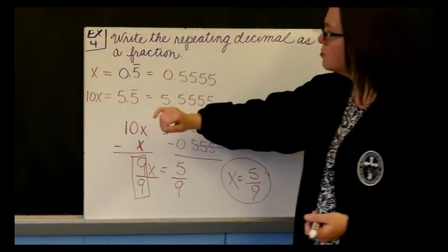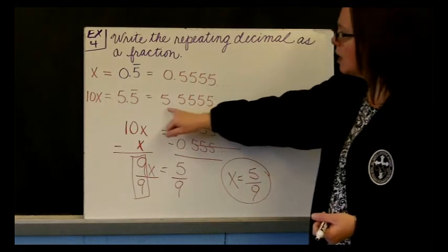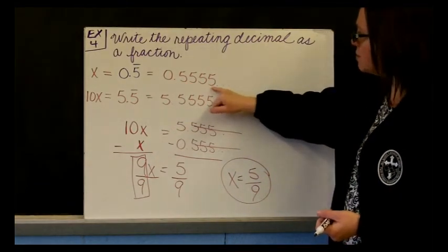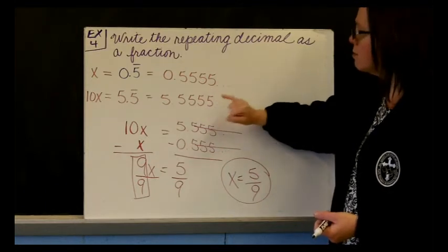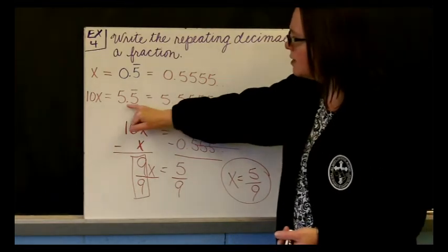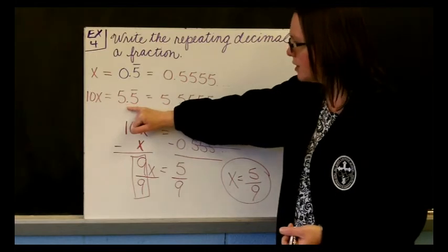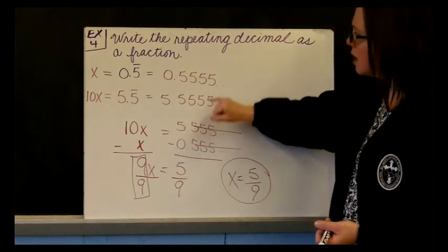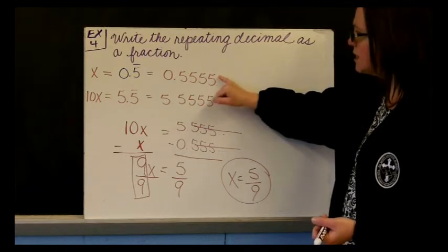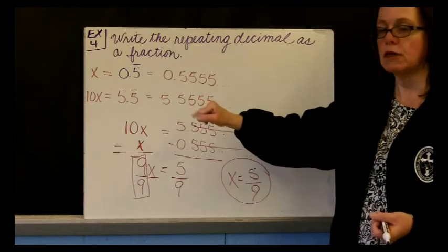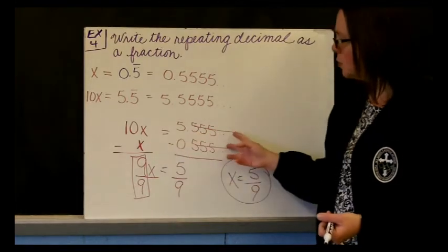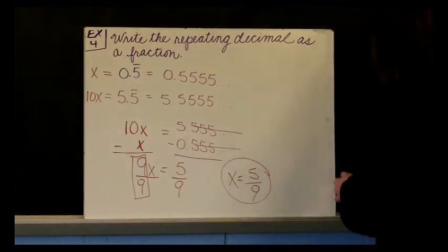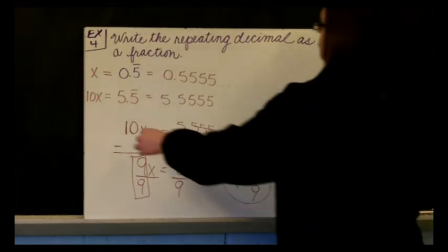The reason I multiplied it by 10 is so that I could get this 0.5555 to be the same in both our numbers. I wanted to end up with a product that had exactly the same number of digits following the decimal as I did in my original x. Then we subtracted the 2 and we divided by the coefficient. As I said, we'll do this in our second example.